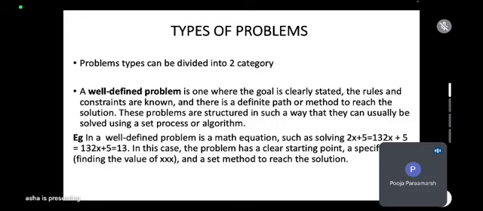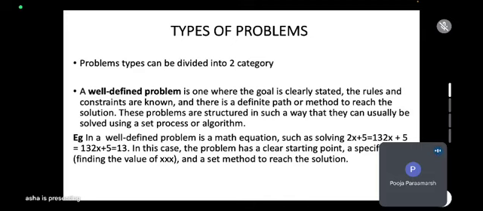These problems are structured in such a way that they can usually be solved using a set process or algorithm, which happens mostly in maths. As an example of a well-defined problem, take a maths equation such as 2x plus 5 is equal to 135x plus 5.